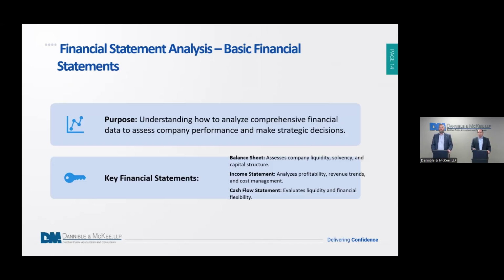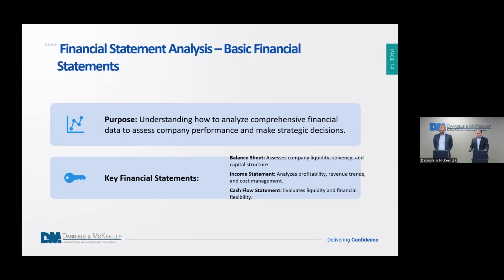So the first one is, you can just look at your basic financial statements, what Sean went through, your 1-year financial statements for your balance sheet, income statement, and cash flow. For your balance sheet, you can assess liquidity, solvency, and the capital structure just by looking at it. The income statement, you can analyze your profitability, your revenue trends, or even your cost management.